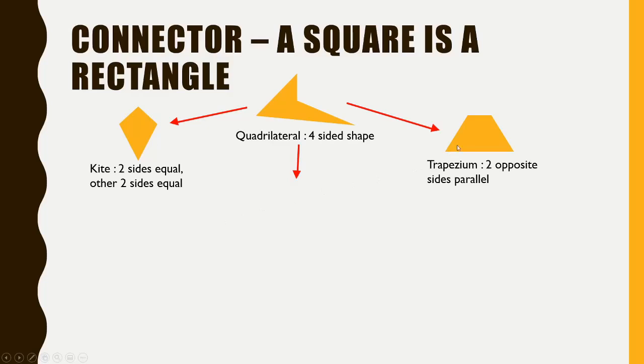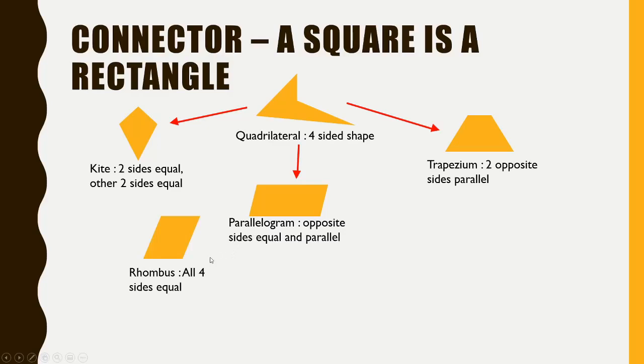We have a trapezium, where the opposite two sides, this side and this side, are parallel. And we have a parallelogram, where this side and this side are parallel, and this side and this side are parallel. Now a parallelogram kind of looks like a squashed rectangle, but we will come back to that in a moment.